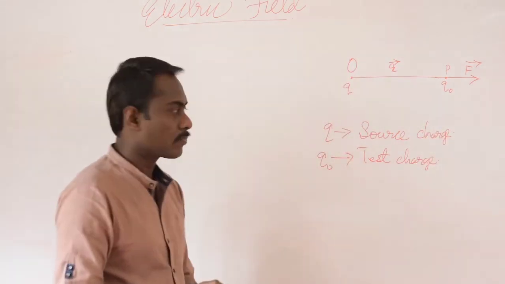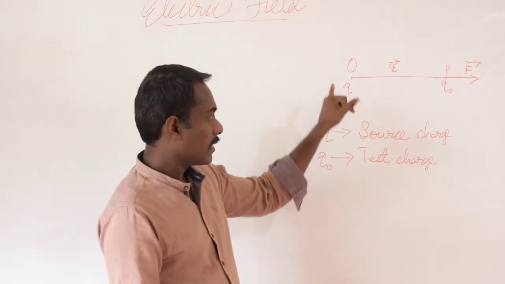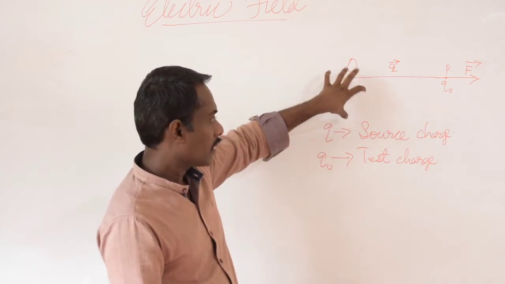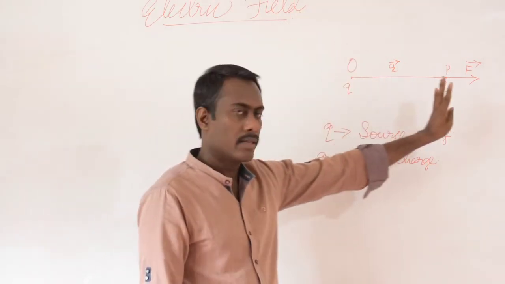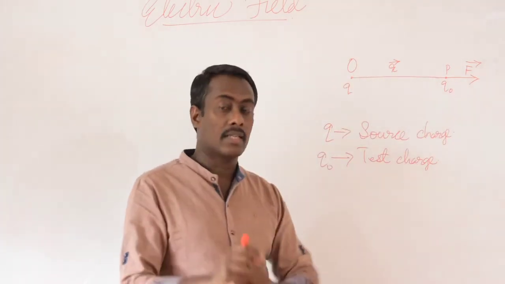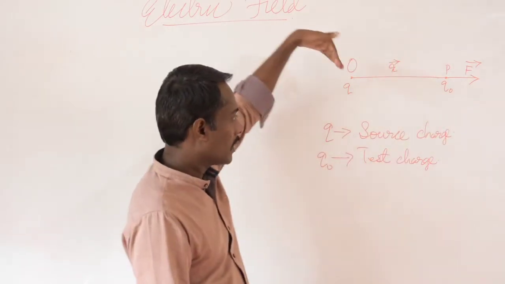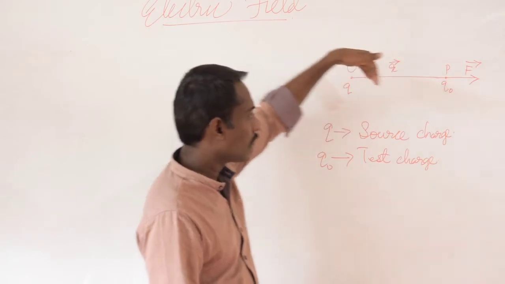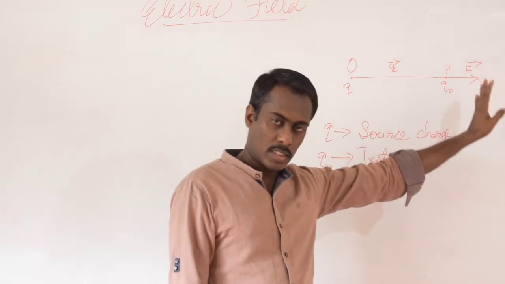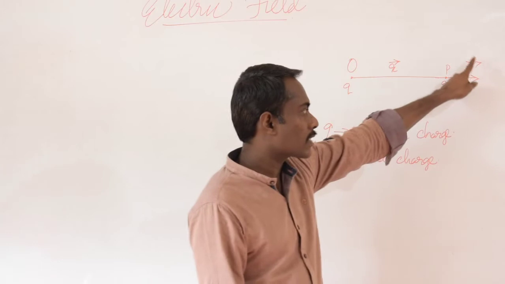For our convenience, we consider that both are positive charges, so a repulsive force will be there between these two charges. The charge Q0 is brought under the influence of the charge Q, and the charge Q will definitely exert a force on charge Q0.